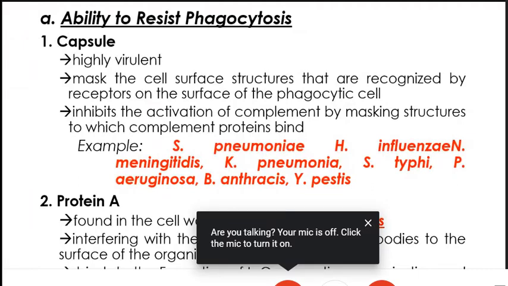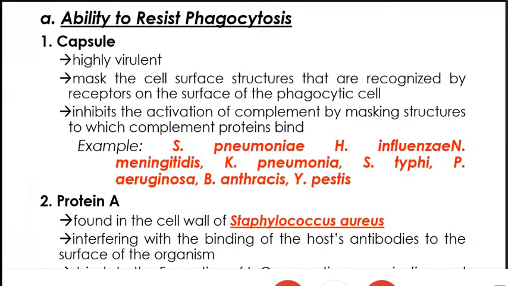Now, there are certain structures or characteristics ng ating microorganisms para hindi sila ma-phagocytize. So, we'll have to get into another one now.